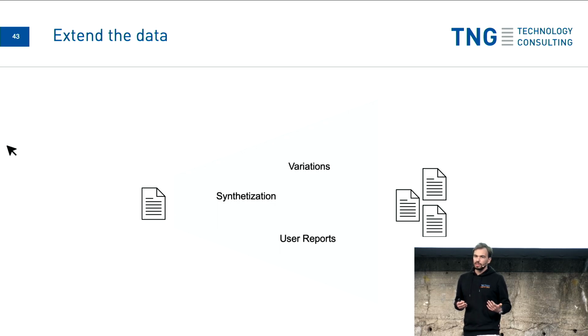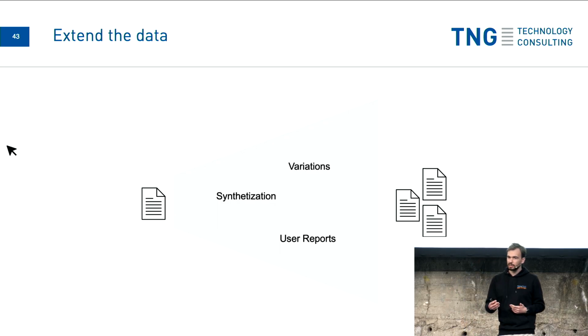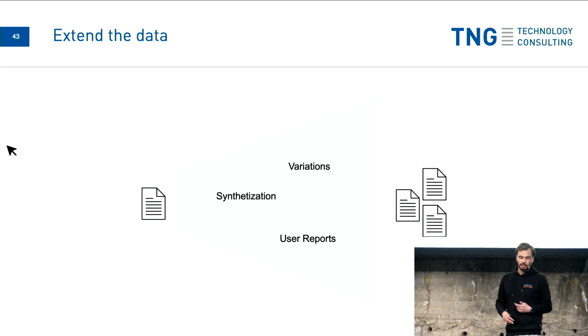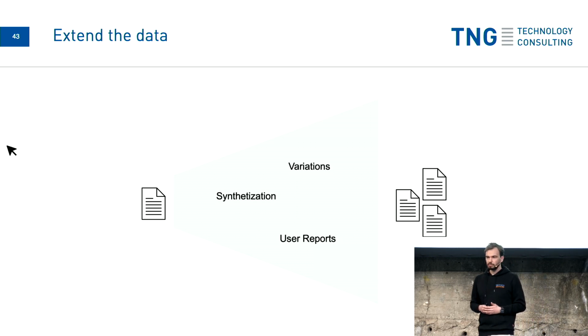The same thing you can do with your own data. You can think about how to introduce variations in the data set which you already had. This can be asking an LLM to reformulate questions. If you know how to do it in your particular use case, built-in synthesization of data, and of course, fill the gaps which you observe when users report flaws and pain points with those user reports.